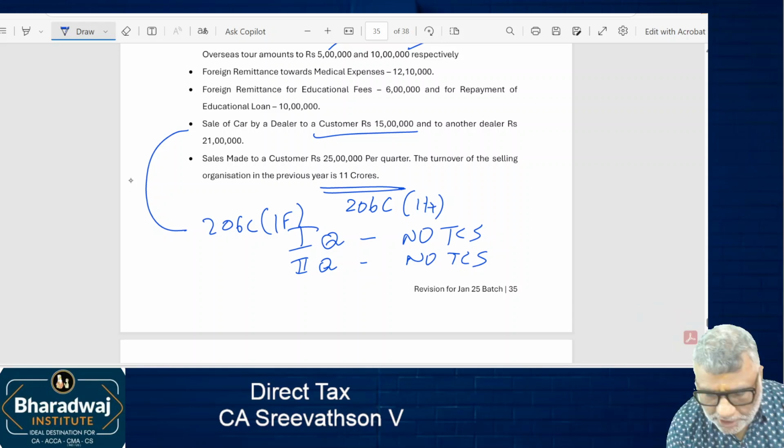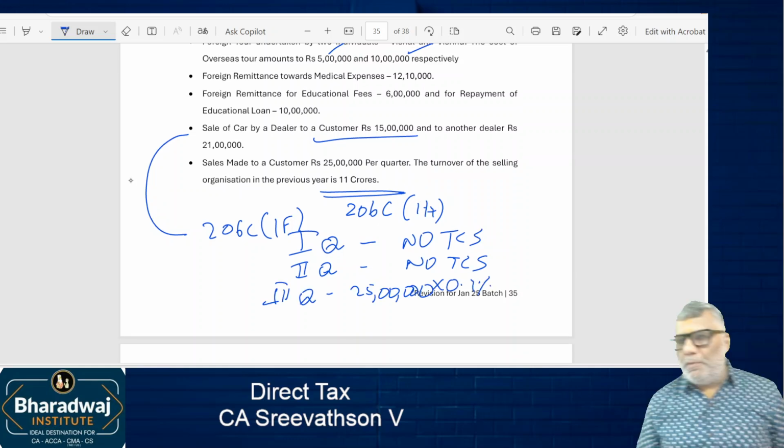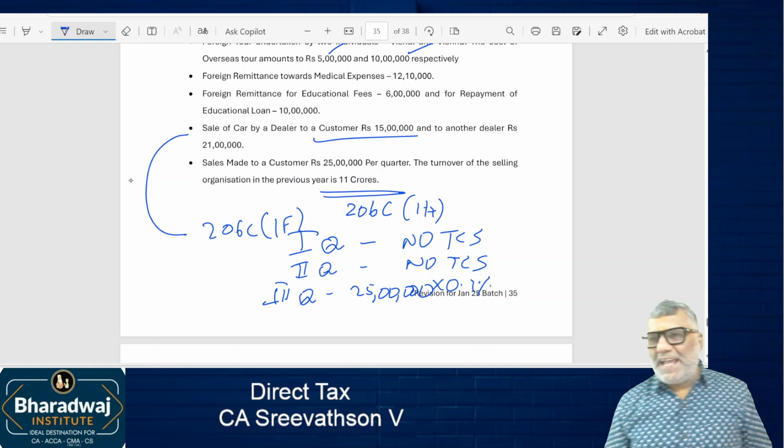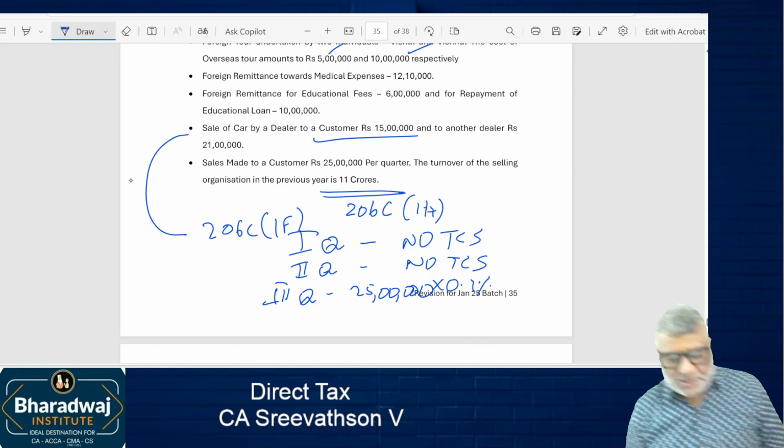Third quarter, 25 lakhs into 0.1%. On the amount exceeding only, you should compute 25 lakhs into 0.1%. And again, fourth quarter also 25 lakhs into 0.1%.